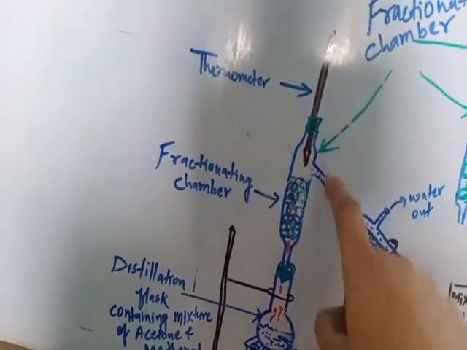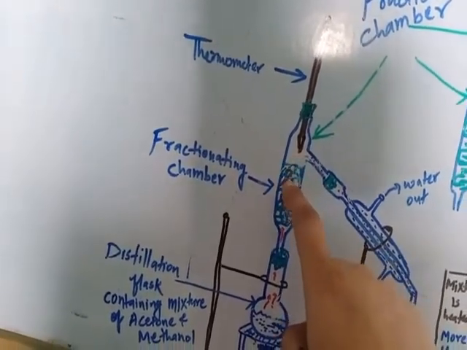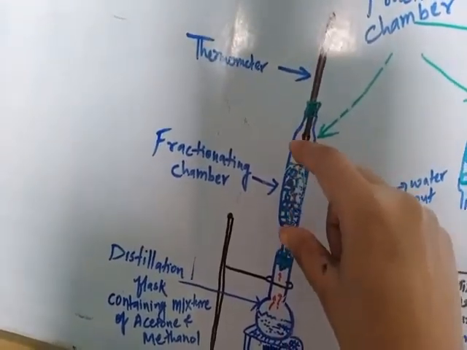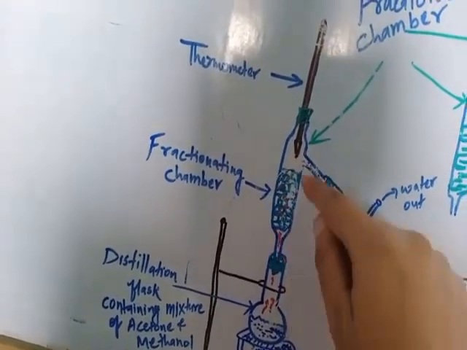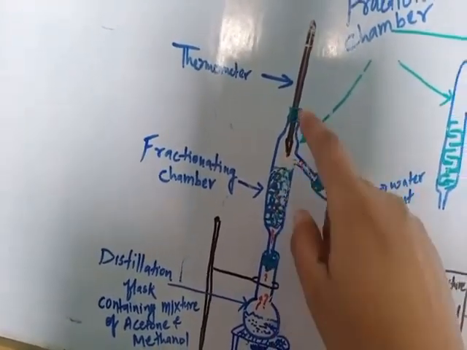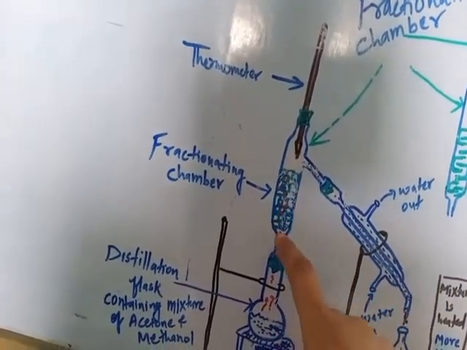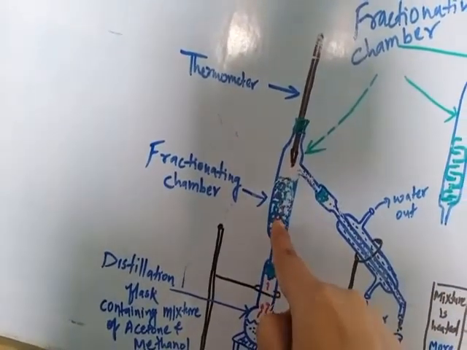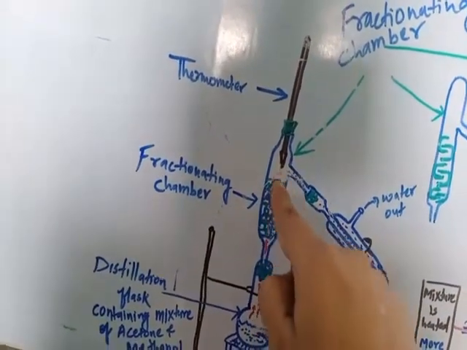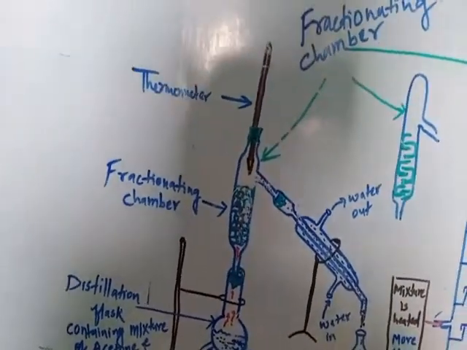That means we have made the fractionating chamber in such a manner that certain hurdles or obstacles are put inside it. For example, in this fractionating chamber, we have placed certain glass beads as an obstacle and hurdle, so that whatever vapors are coming upward should not move so easily upward.